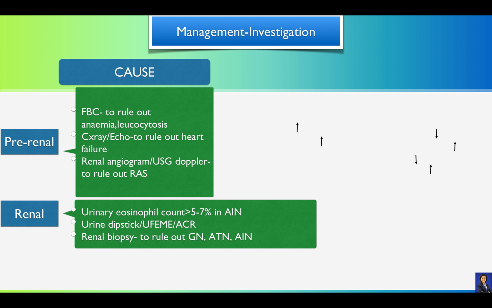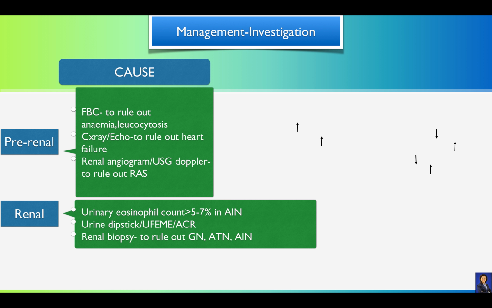To look for renal causes of acute kidney injury, in patients with acute interstitial nephritis, the urinary eosinophil count will be high. You can do a renal biopsy to look for glomerulonephritis or acute tubular necrosis.